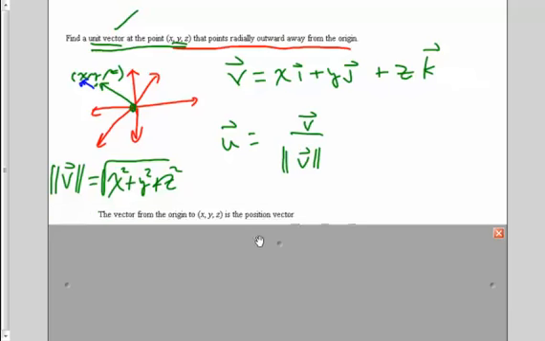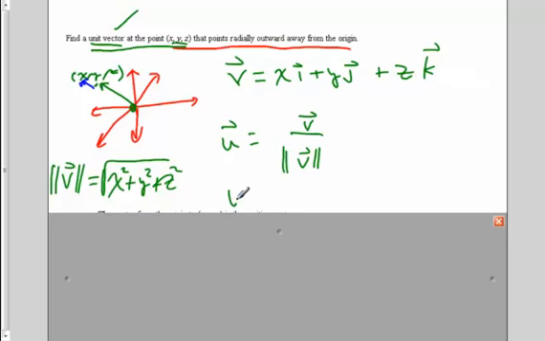So our unit vector equals 1 over the square root of x squared plus y squared plus z squared.